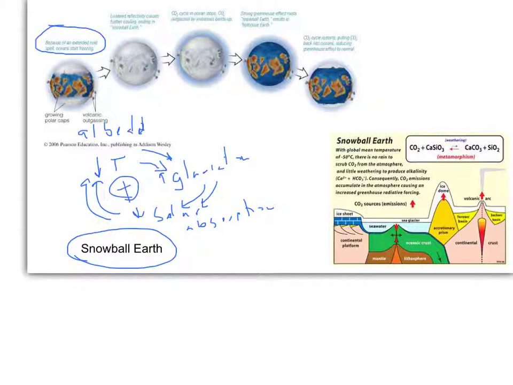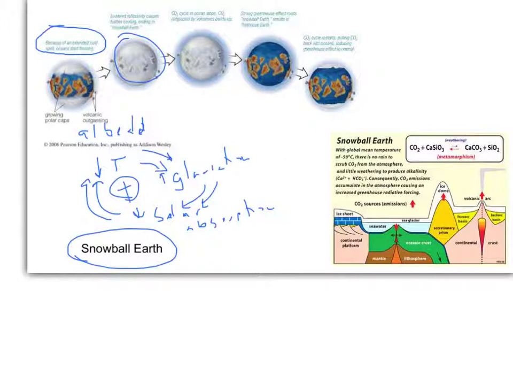The result is that, as we talked about, the bulk of the planet can be covered by glaciers that extend down from the poles. That would be the positive feedback loop of this example.